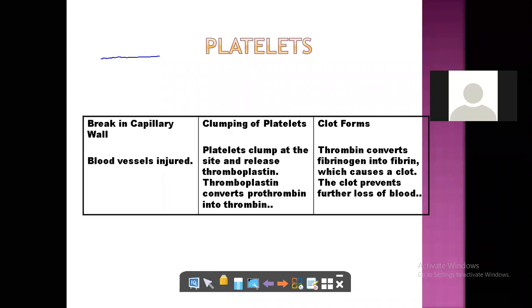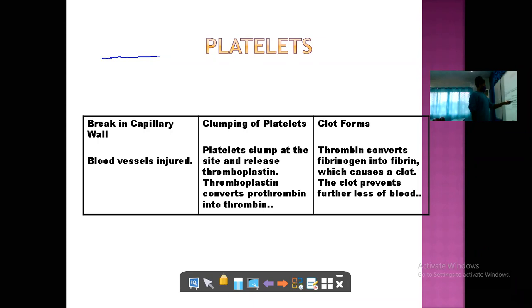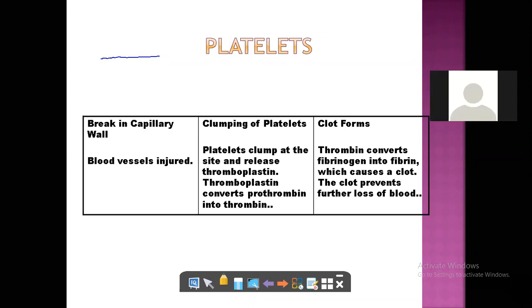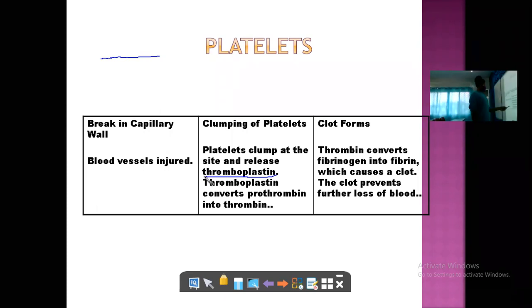What happens is that on an open cut or wound, a substance called thromboplastin is released by the platelets, and this thromboplastin converts prothrombin into thrombin. Then for blood clotting, this thrombin converts a protein called fibrinogen into fibrin, which forms the clot on the open cut.